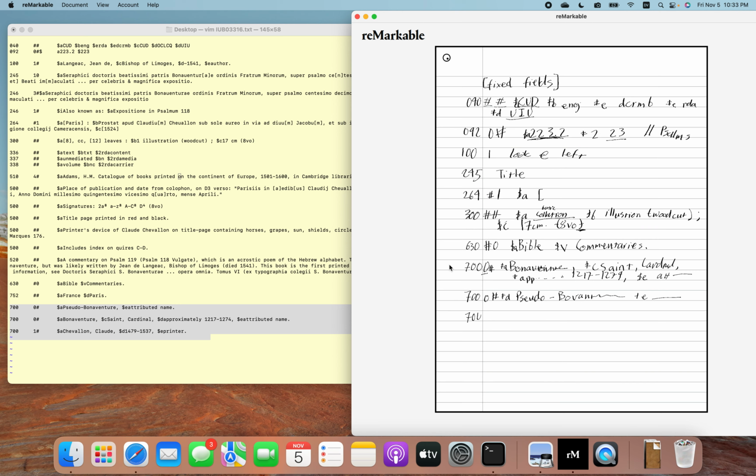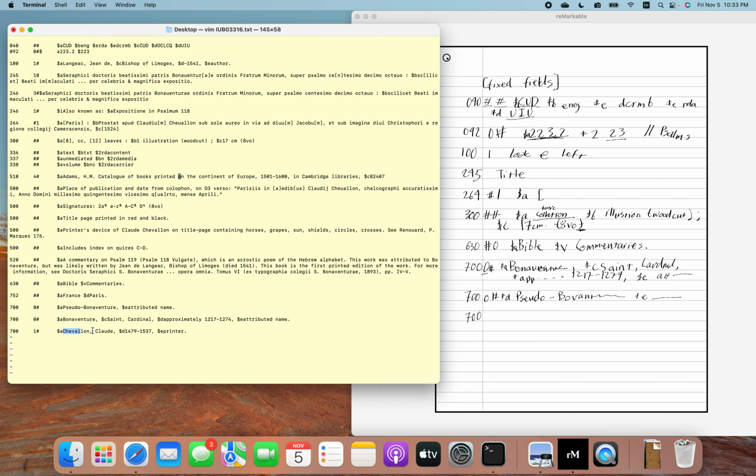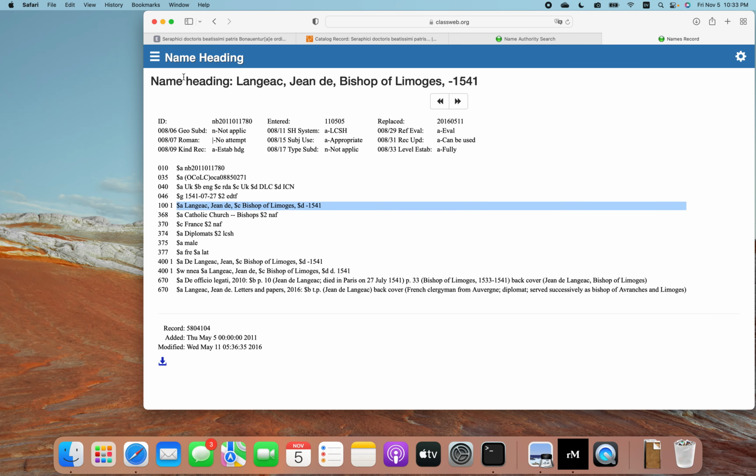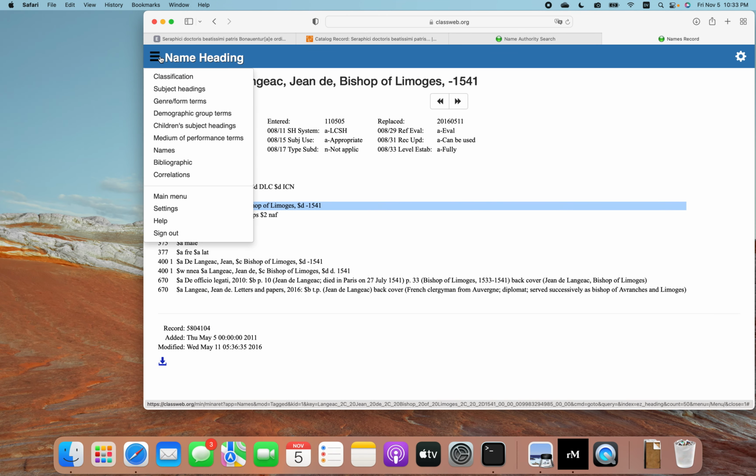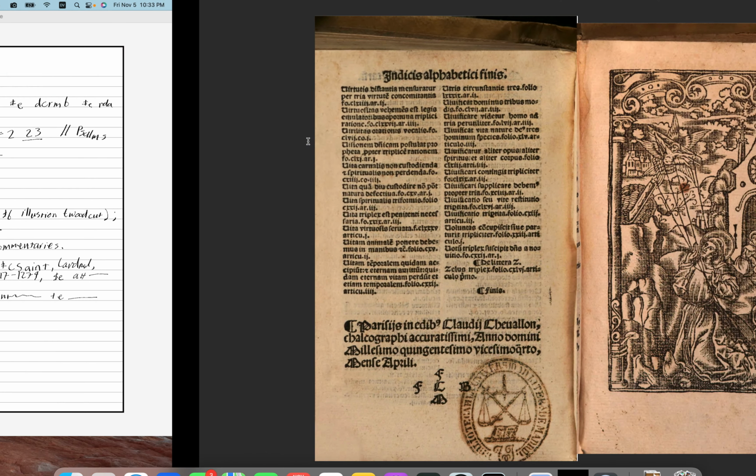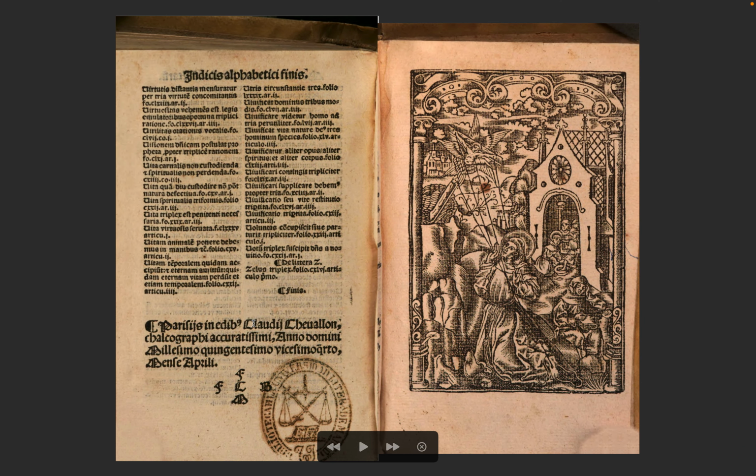We also were able to find this printer. Again, the way you would find that if you were trying to look is, let's just imagine that we're looking at the book and we see, okay, Claudie Chou-Allon.